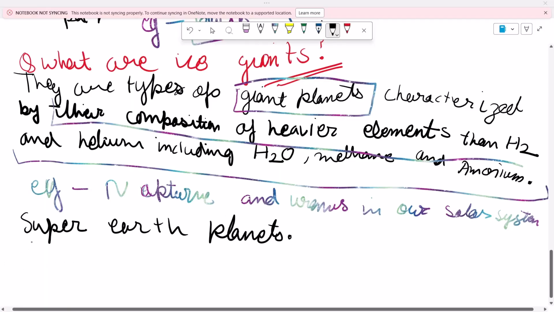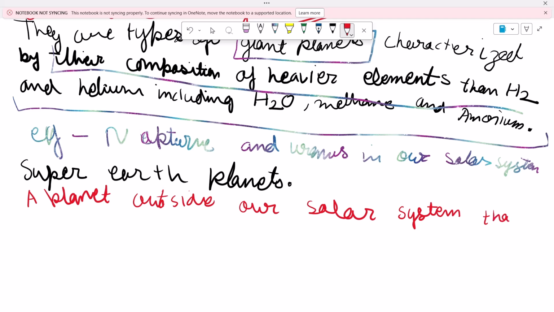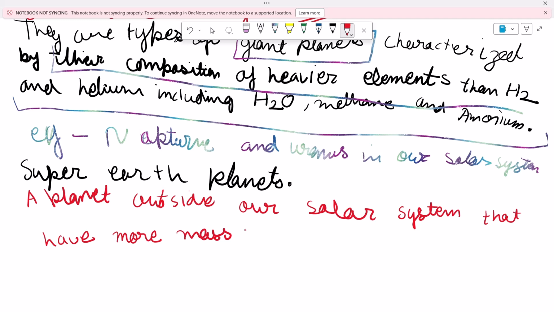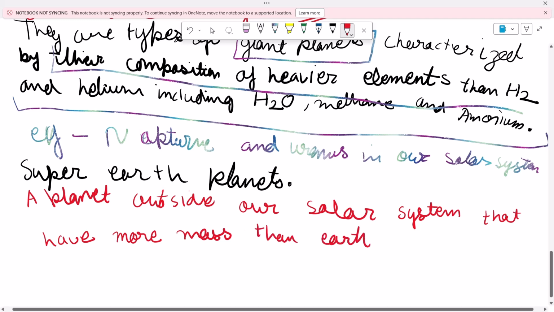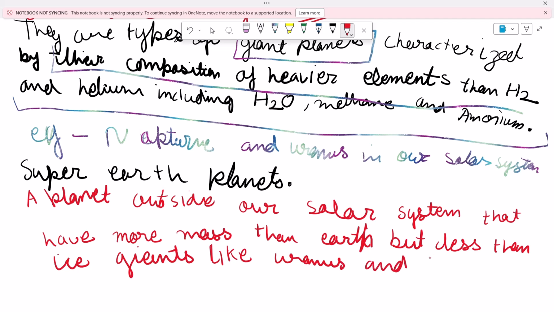So a super Earth planet is basically a planet outside our solar system that has more mass than Earth but less than an ice giant like Uranus and Neptune.